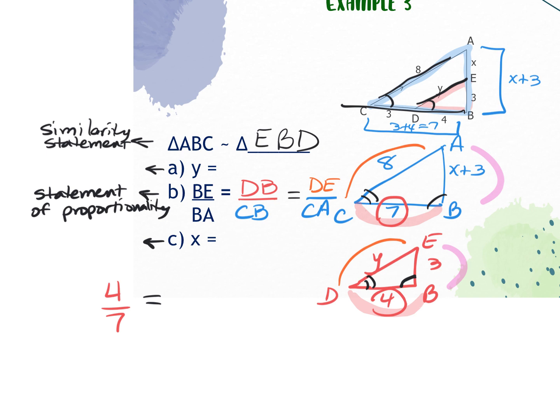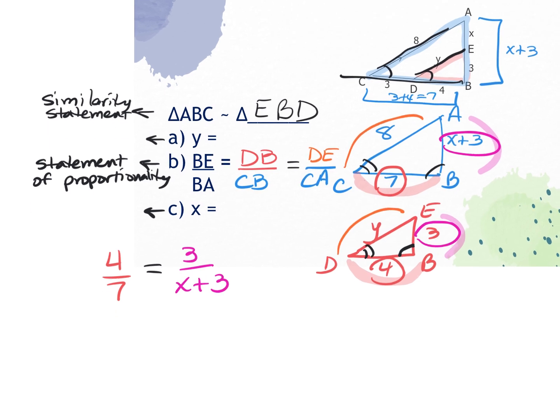And my X is located over here, the AB, and remember its corresponding proportional match is this EB. So I'm going to set this up as 4 over 7 is equal to 3 over X plus 3. Because remember, the numerators came from the red, and the denominators are coming from the blue.